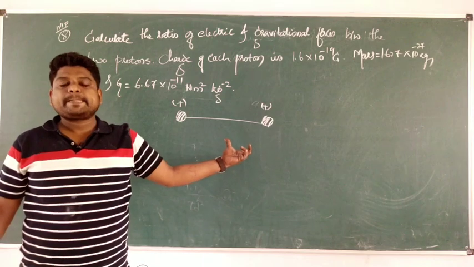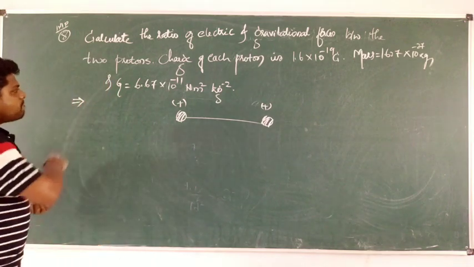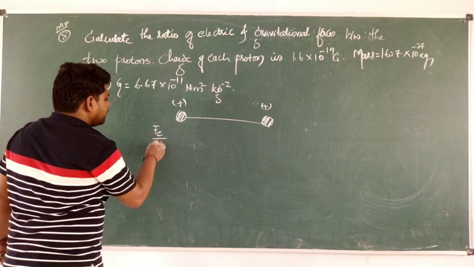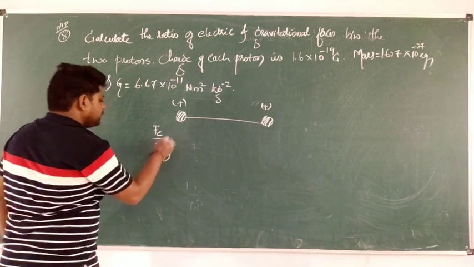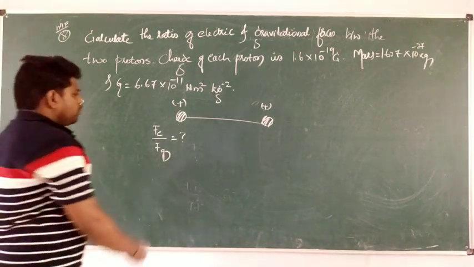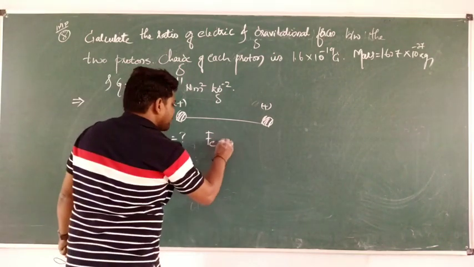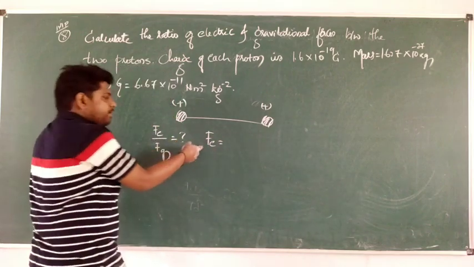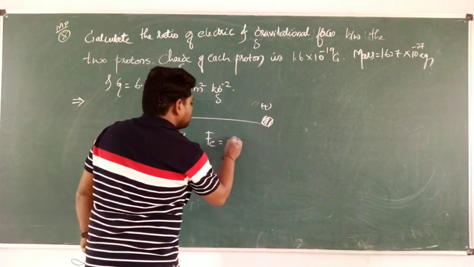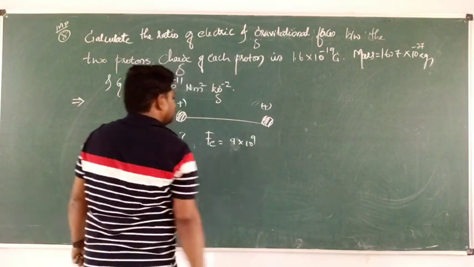Fine. So our intention is to calculate the Fe to Fg ratio. Simply you go with the equation. For Fe, the electrostatic force, what are you going to write? K, what is the value? K is 9 into 10 to the power of 9.